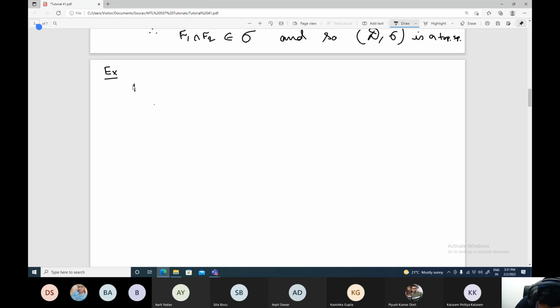Consider D2. What is D2? This is the two-dimensional unit disk, the set of x, y such that x square plus y square is less than or equal to 1, of course a subset of R2.